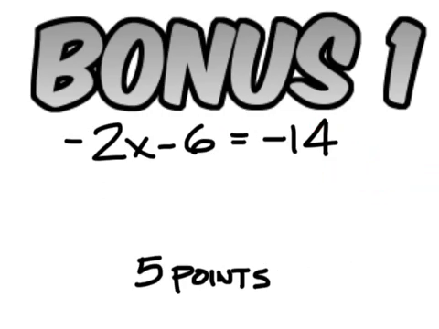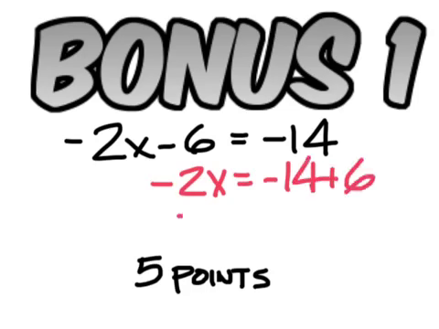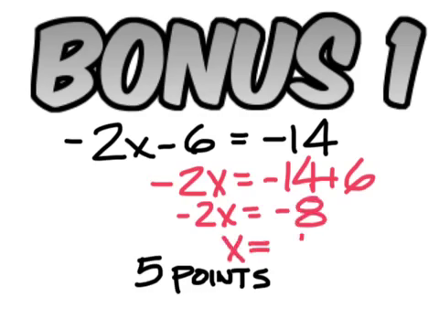Here's a bonus. For the first bonus, it should be -2x equals -14 plus 6. And that's going to give you a -8 on the right side. So divide by -2 and come up with 4.